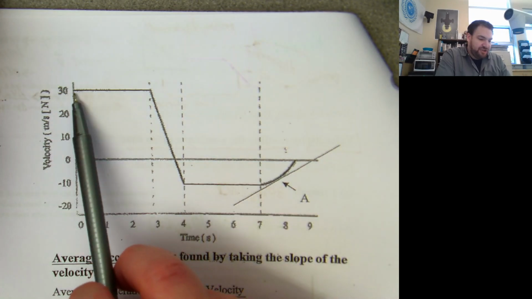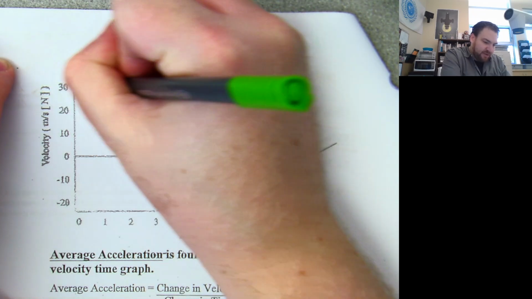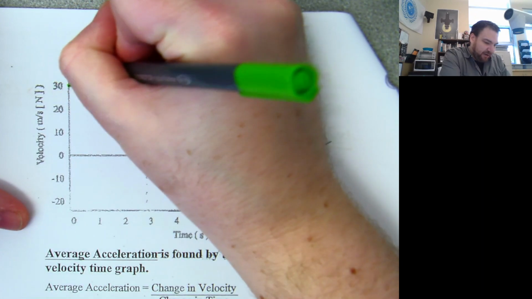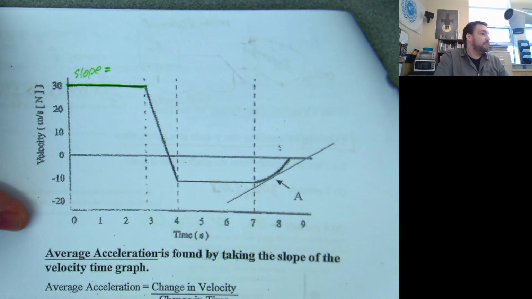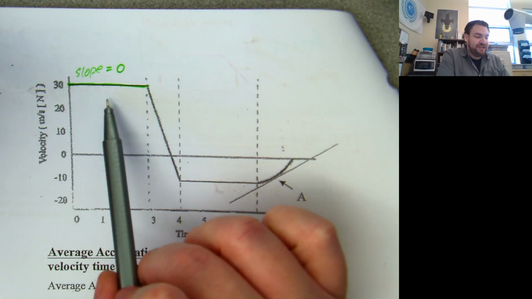This section of the graph is a flat line. If I asked you for the slope of a flat line, the slope here is equal to what? Flat lines have a slope of 0. Let's tie this idea to what's actually happening.